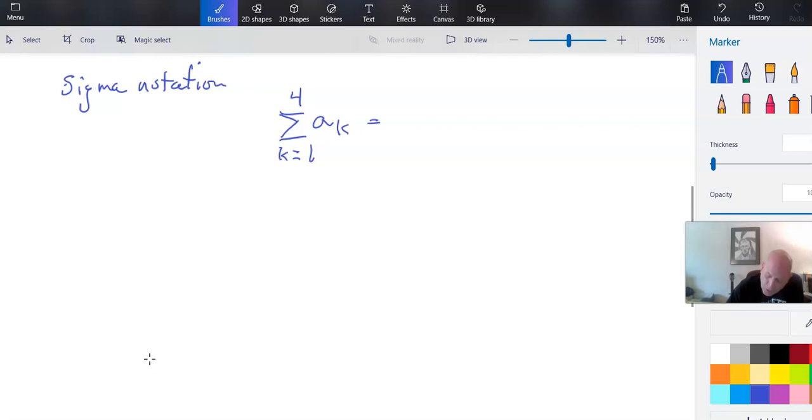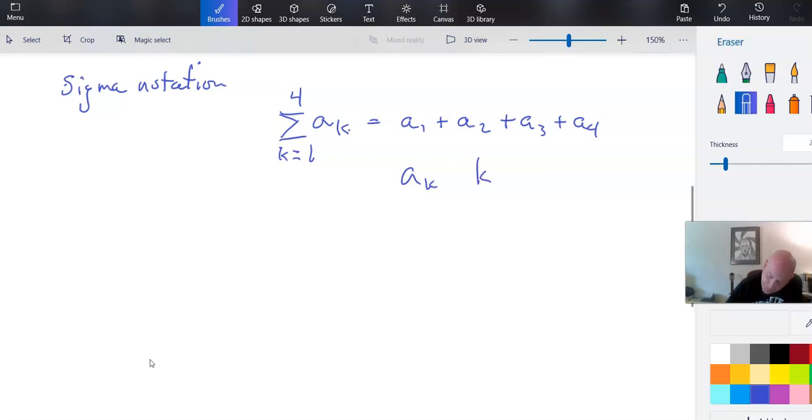One at a time you substitute k for all of the numbers between 1 and 4, so this would be a1 plus a2 plus a3 plus a4. The a sub k and quite often b sub k are just used in terms of generic terms.